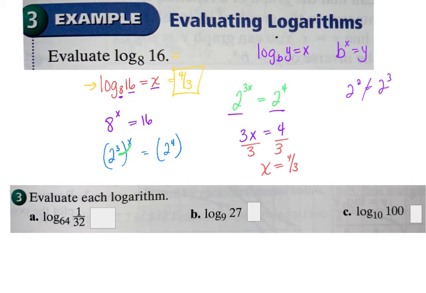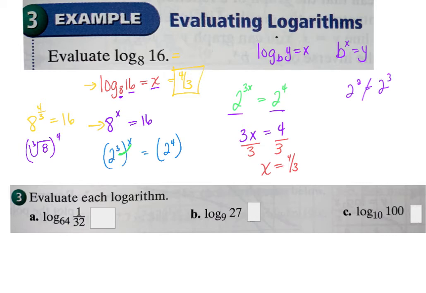So that means if I take 8 to the 4/3 power, I will get 16. Let's see if it works. Let's put it right here. 8 to the 4/3 power equals 16. What is 4/3? That's a fraction. I can rewrite that as a radical, can't I? That is the cubed root of 8 taken to the fourth power.